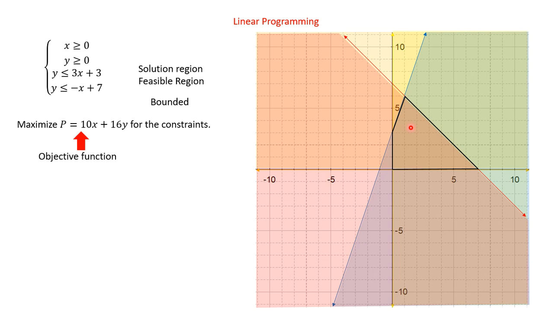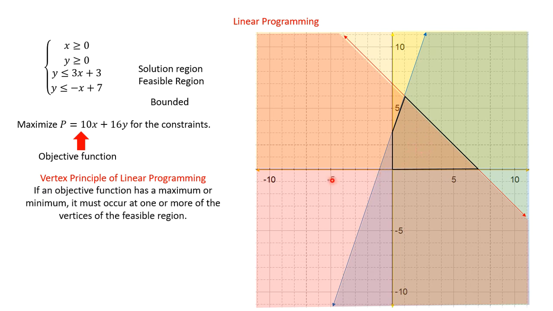Luckily, we have what's called the vertex principle of linear programming. Try and say that one a few times quickly. It's a mouthful. But what this vertex principle of linear programming says is that if an objective function has a maximum or minimum, it has to occur at one or more of the vertices of the feasible region.